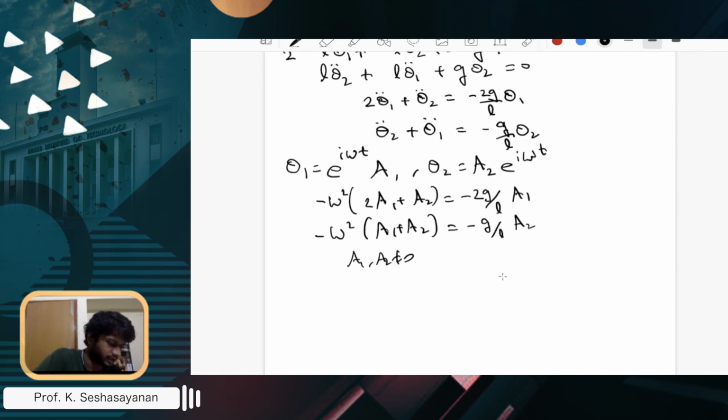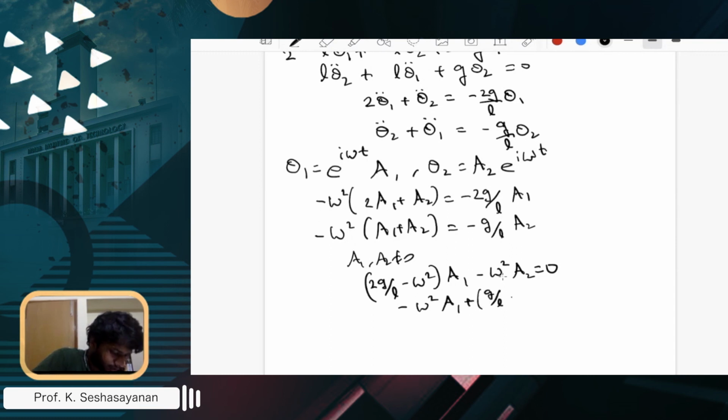So I'll try to rearrange it. We can write it as (2g over L minus omega squared) a1 minus omega squared a2 equal to 0, and the other is minus omega squared a1 plus (g over L minus omega squared) a2 equal to 0.